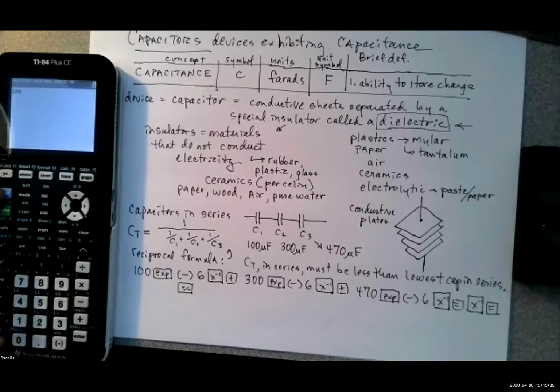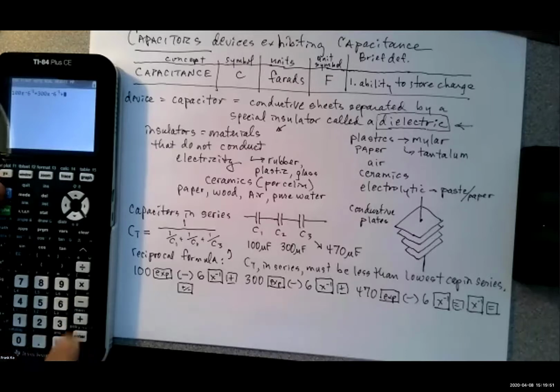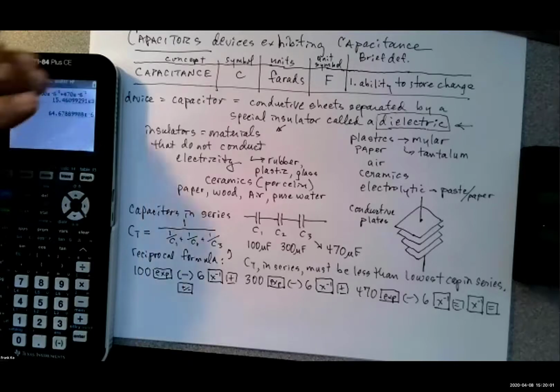I have to use a second key on mine, double E, change sign 6, reciprocal, plus 300, second double E, change sign 6, reciprocal, plus 470, second double E, change sign 6, reciprocal, equals, reciprocal, equals.